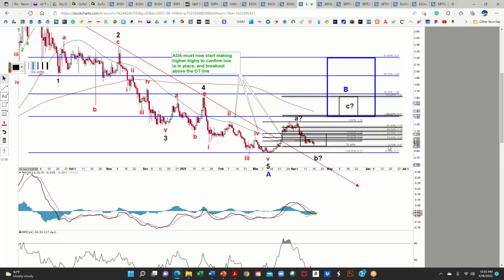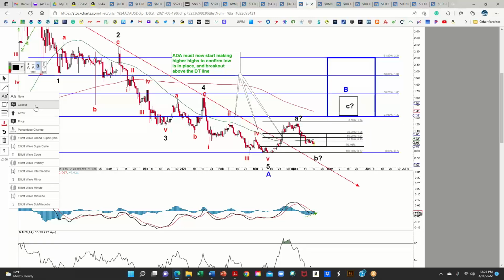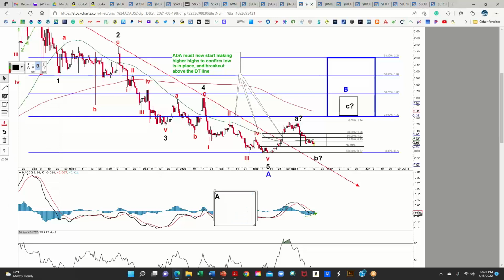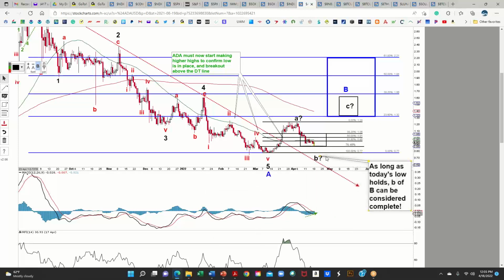Don't know of any extensions, none of that good stuff. So simply put, as long as today's low holds, B of B can be considered complete. Super easy. With the caveat, of course, that a B wave can become irregular.